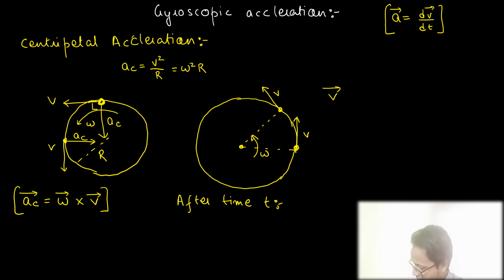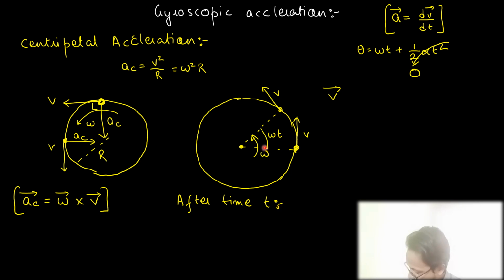How much is this angle? This angle is nothing but omega t. How? I can easily use the relation theta is equal to omega t plus half alpha t square. Since for the scope of centripetal acceleration I have assumed omega to be constant, there is no angular acceleration. So if I take alpha to be 0, theta is equal to omega t.